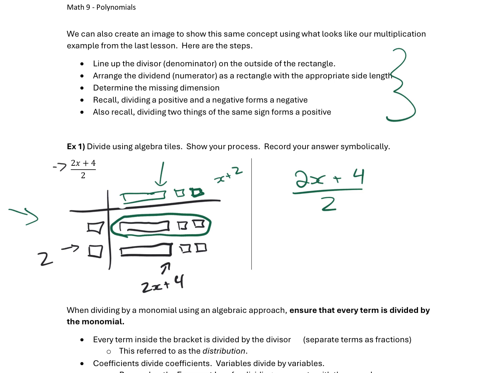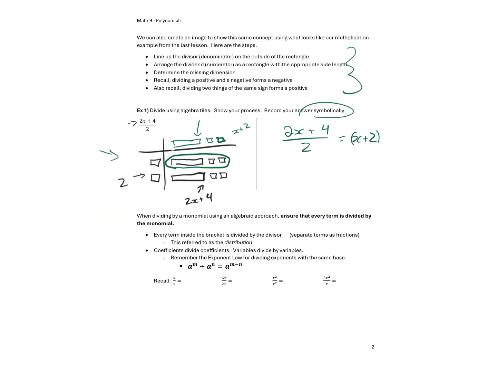So what you're going to do here symbolically is a little bit different. We know that the answer to this is going to equal x plus 2. Now, to do that symbolically, I'll scroll down here a little bit.